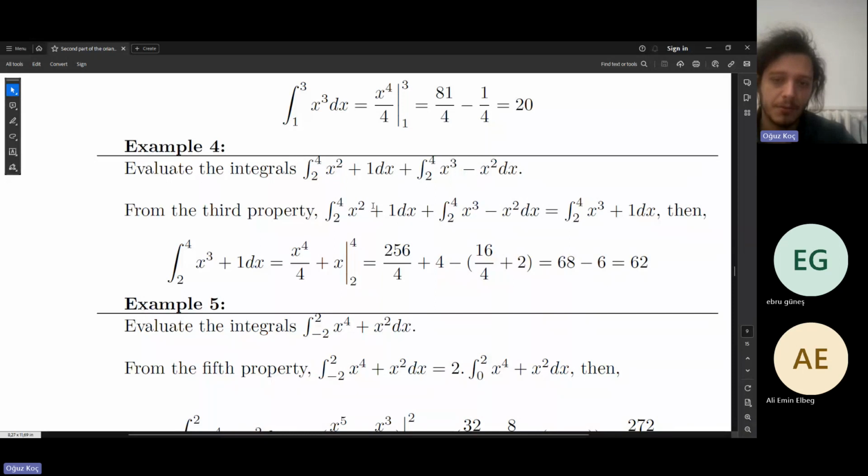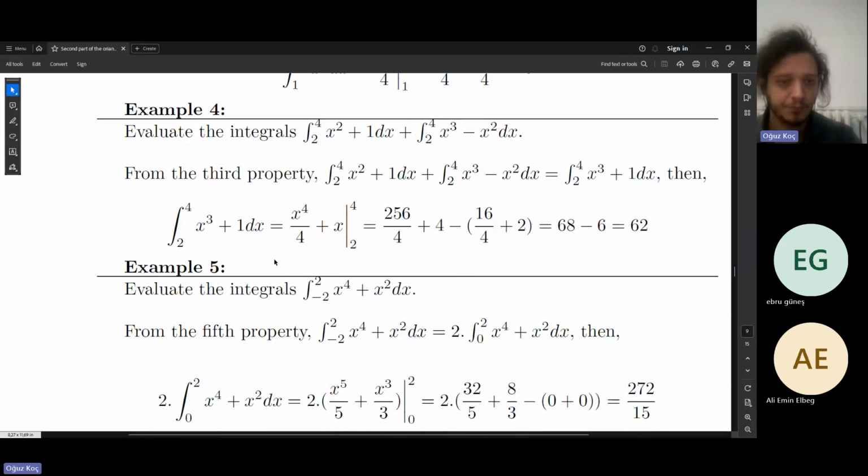When we add them up, these terms cancel each other, and then we come up with the third power of x plus 1. So there is no need to calculate the integrals of the second power of x terms here. We can just calculate two terms here, with the limit points 4 and 2, and when we calculate it, it is equal to 62.